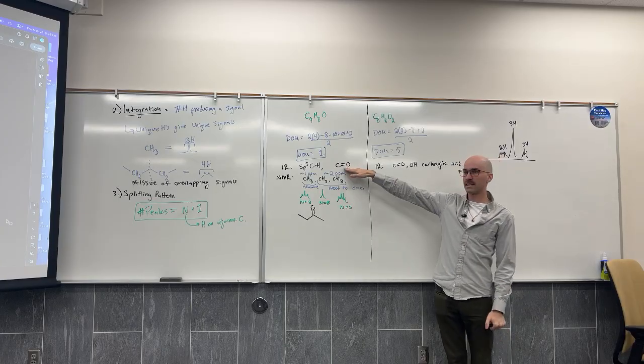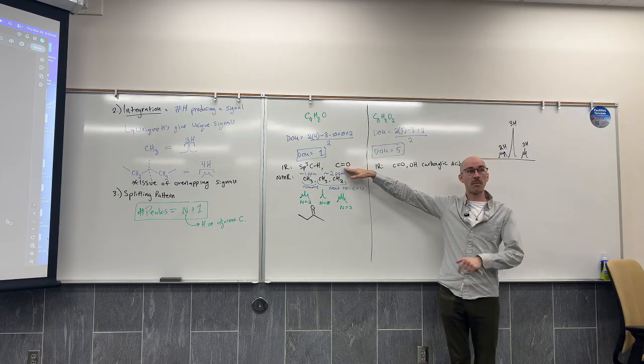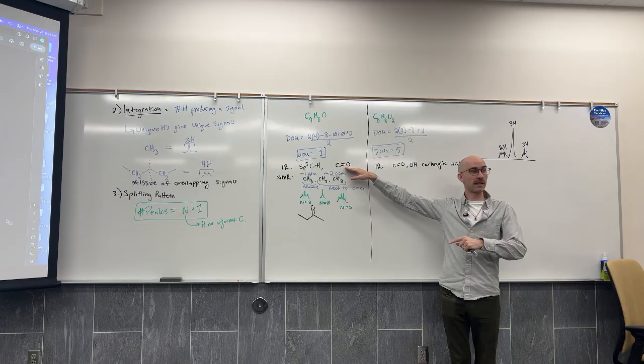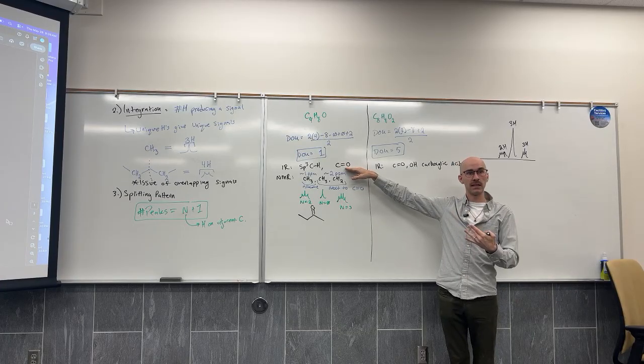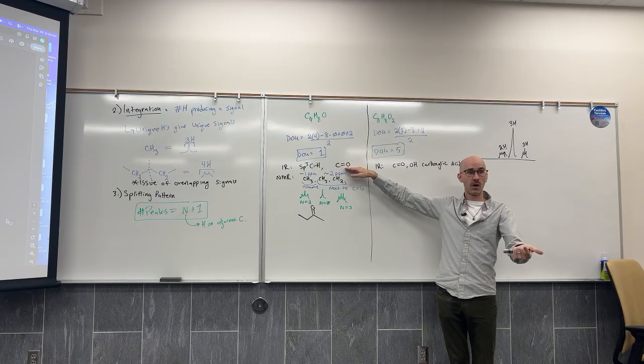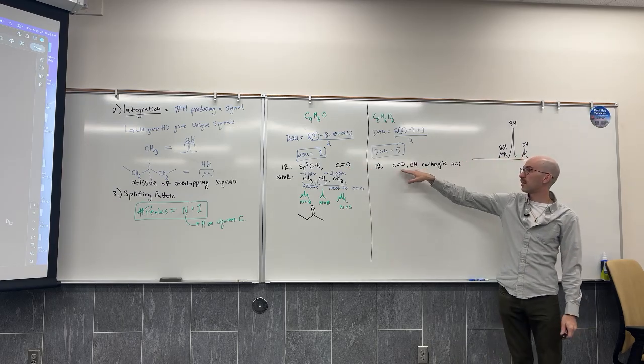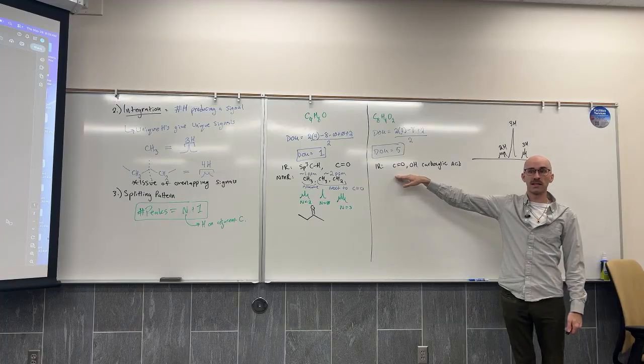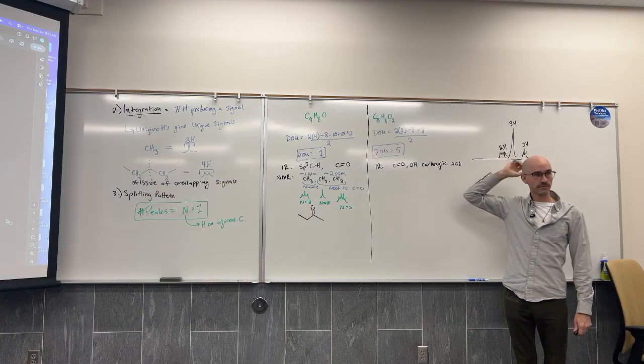Like when I had the CO double bond on the left, but no OH of a carboxylic acid, no CH of an aldehyde, I knew that that CO double bond couldn't be from an aldehyde or a carboxylic acid because it lacked those corresponding peaks. But here, these are both corresponding peaks to the carboxylic acid.